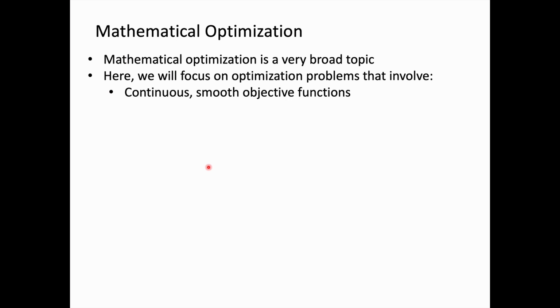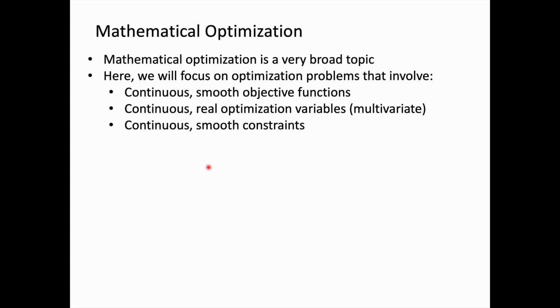And when I say objective function, I mean the function that we are trying to minimize or maximize. We are treating problems that involve continuous, real optimization variables. And in general, we're interested in problems that have more than one optimization variable, or multivariate problems.